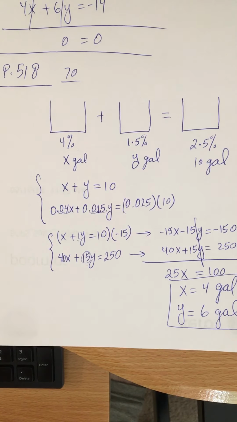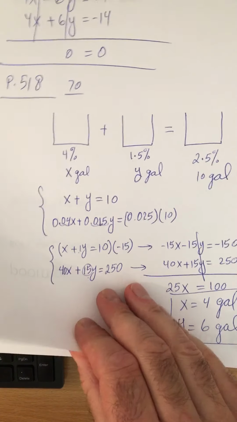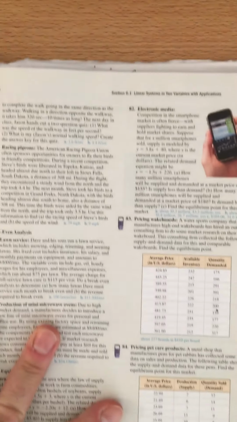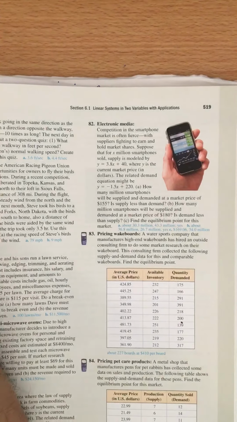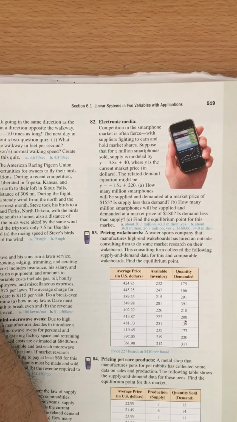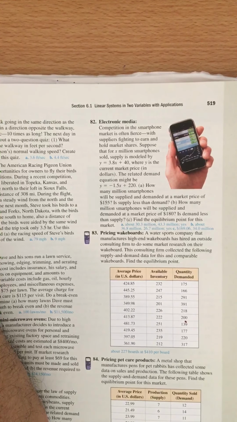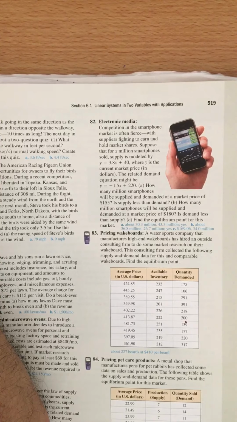Let's move on to problem number 82 on this page 519. So let me show you the problem, number 82 right here on page 519. It says a competition in the smartphone market is often fierce. You know what?